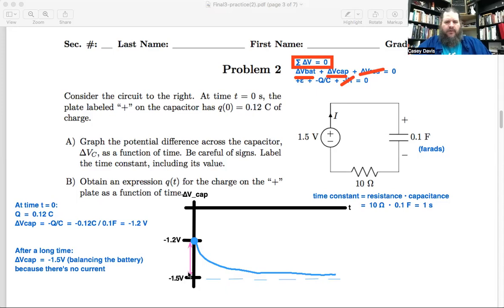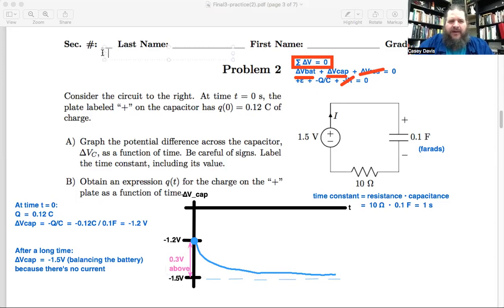Yeah. Since we're talking about above the asymptote in this case, I'd call it positive 0.3. So at time 0, we are 0.3 volts above the asymptote. That's the value that's decaying.